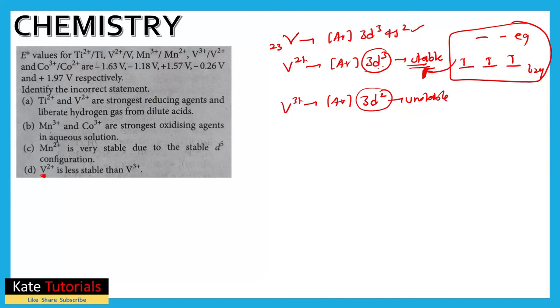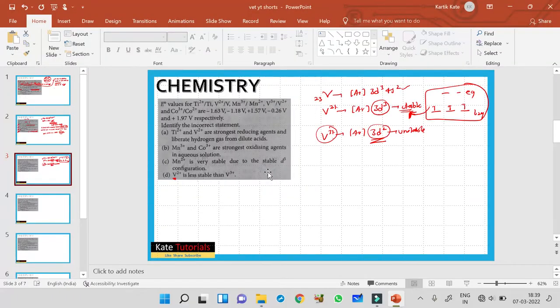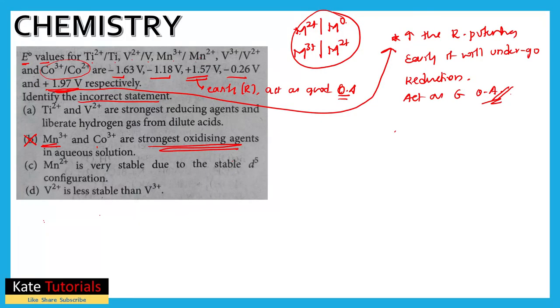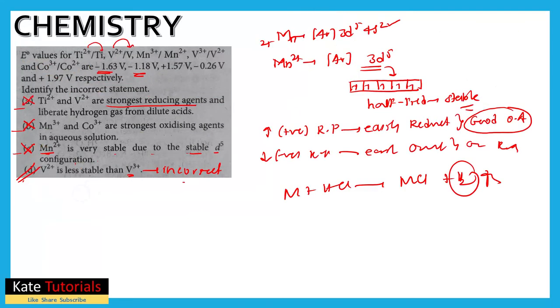So V2+ with 3d3 is more stable compared to V3+ with 3d2. But here they have written that V2+ is less stable than V3+. No, V2+ is more stable than V3+, so that is the incorrect statement they have given. Since the question asked for the incorrect statement, A, B, C are correct statements and D is the incorrect one. So this is the answer for your question. Thank you.